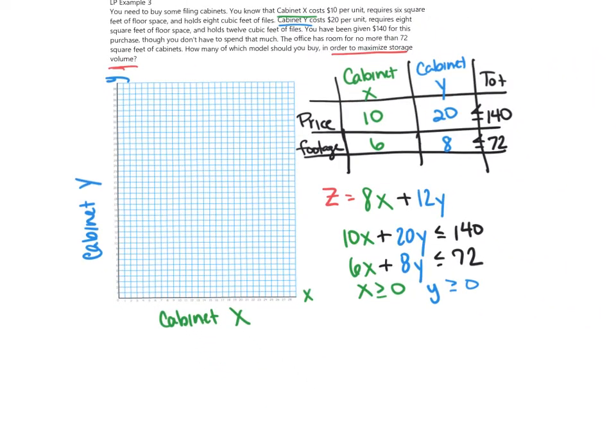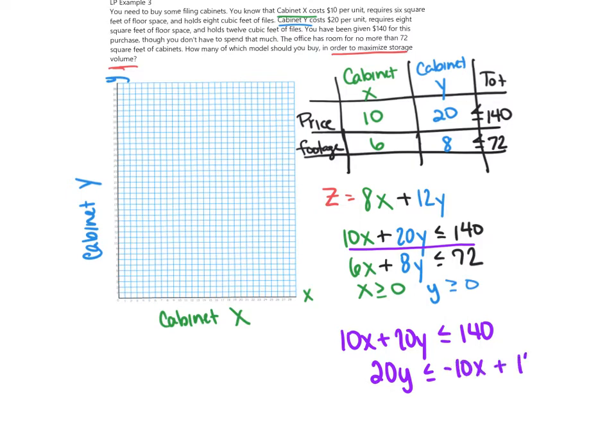Now I need to set this up to graph these lines. This first line, I'll graph it in purple, which is 10X plus 20Y less than or equal to 140. I need to get Y by itself, so the first thing I'm going to do is subtract off the 10X. When I do that, I get 20Y is less than or equal to negative 10X plus 140.